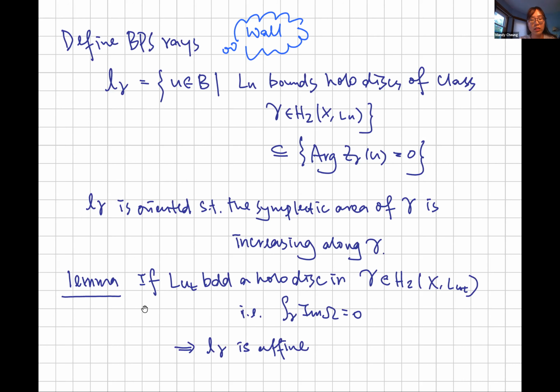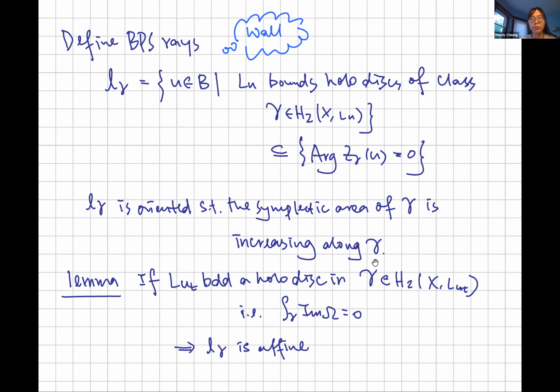And so there is this lemma showing that if I have the Lagrangian bounding a holomorphic disk, then this BPS ray is affine. And here, this is one we mark, because in this scattering diagram, we have a choice of sign in the wall function, and we can choose it so that the symplectic area of the holomorphic disk is increasing along gamma, which is the picture in Mark's first talk.